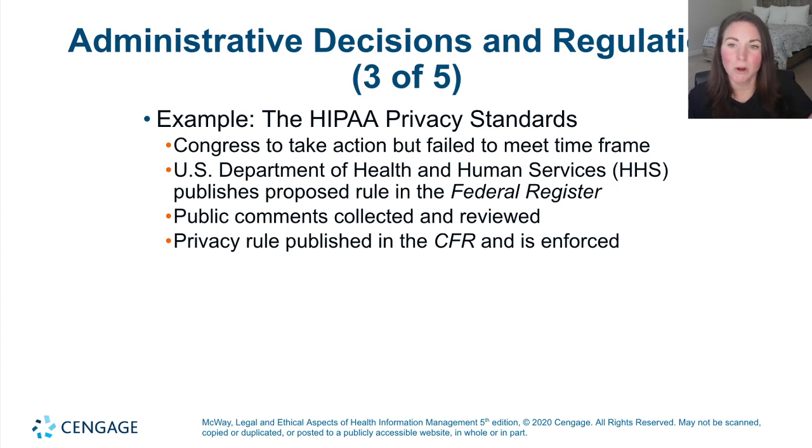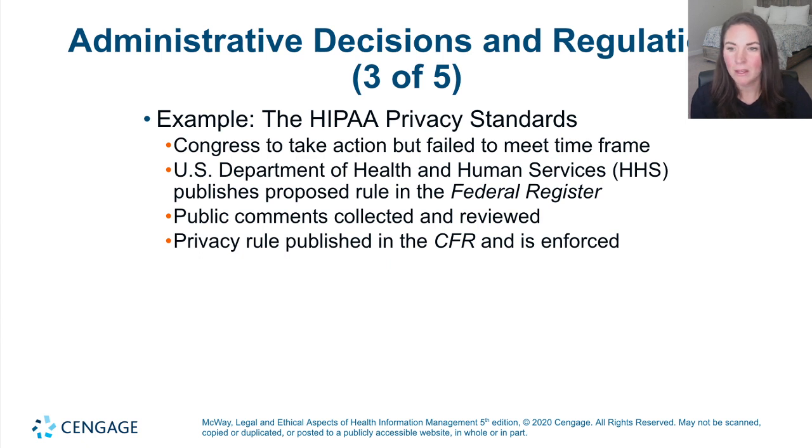So the U.S. Department of Health and Human Services came in and said, okay, we'll do it instead. They proposed this rule in the Federal Register, which was eventually published in the Code of Federal Regulations and is now enforced to this day. So DHHS was the administrative agency that created these regulations.